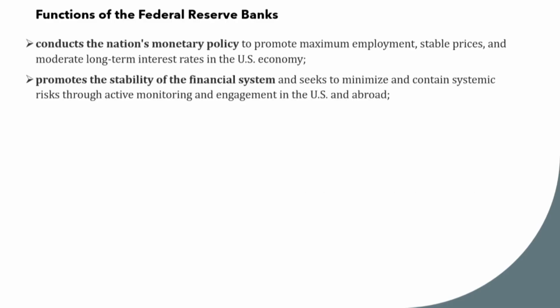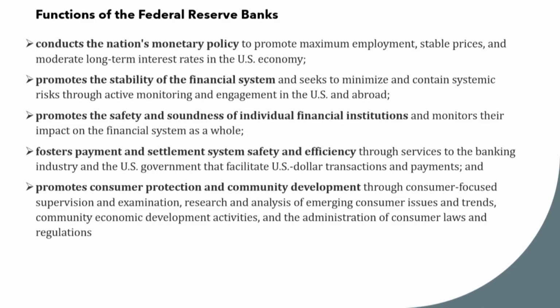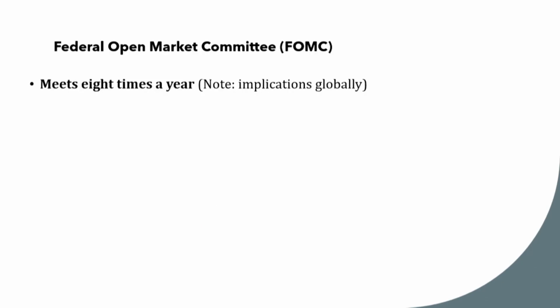So the functions of Federal Reserve Banks, I have listed here. I have taken all these from the Federal Reserve System's website. The directors establish the discount rate, and 5 of the 12 bank presidents have a vote in the Federal Open Market Committee.